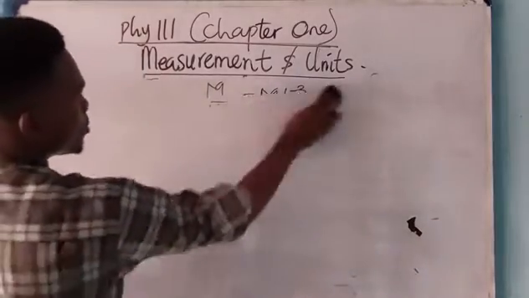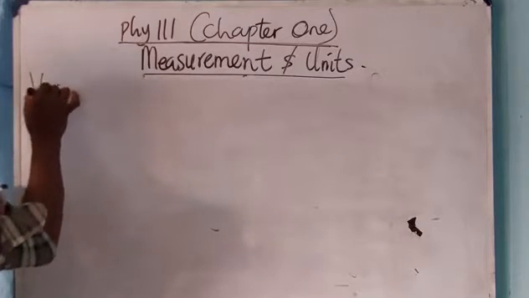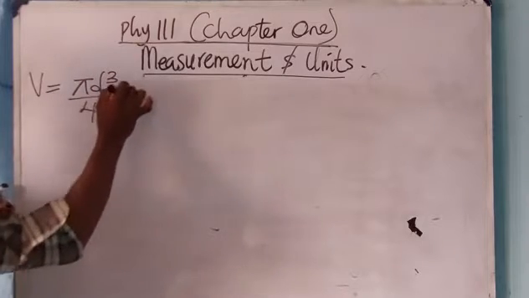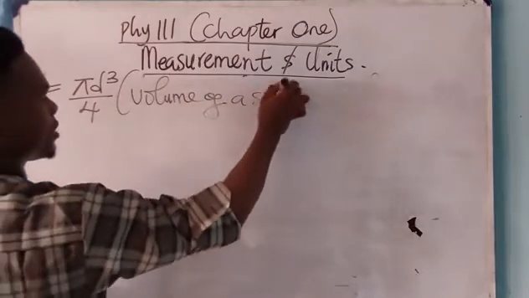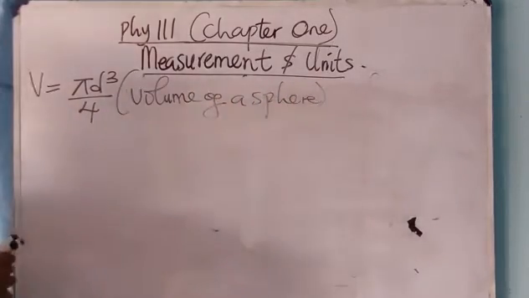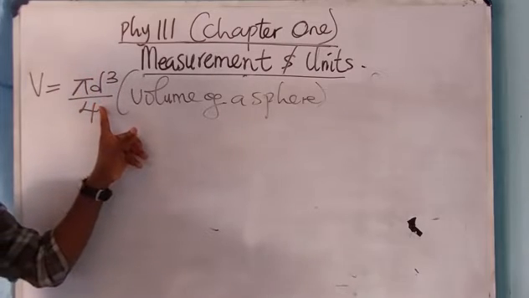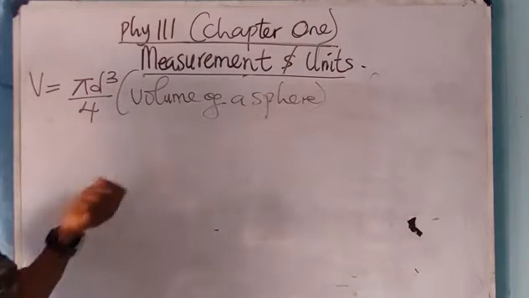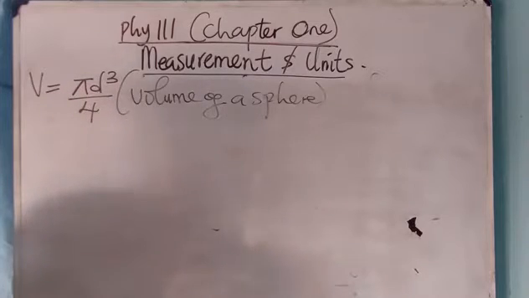Let's prove that V equals πd³ over 4. Now this is the volume of a sphere. In dimension, pi, figures, and other constants are neglected. They are not considered.